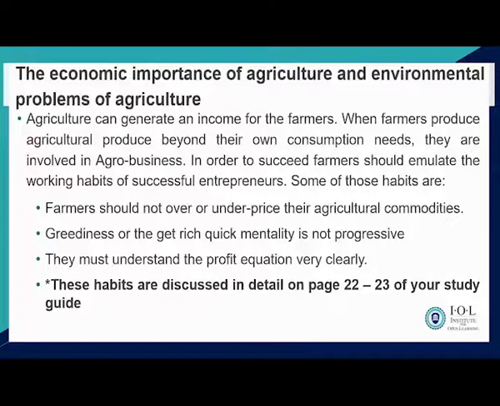You as a farmer must also understand the profit equation very clearly, because it is crucial to your enterprise. However, this is just a brief. In your study guide, on pages 22 to 23, you would find that these habits are discussed in more detail, and I urge you to visit those pages.